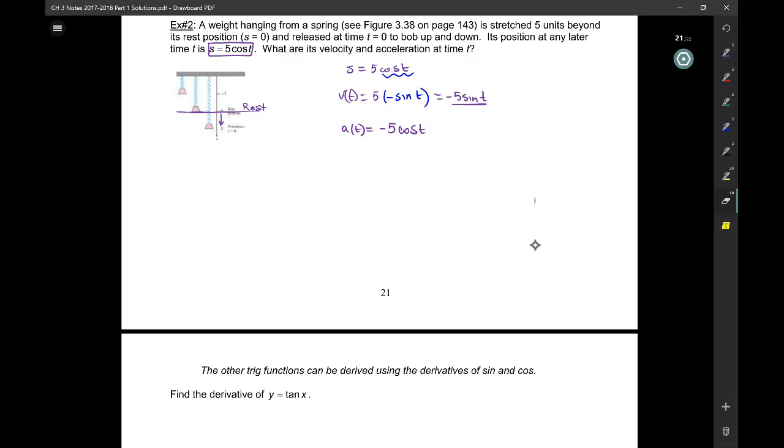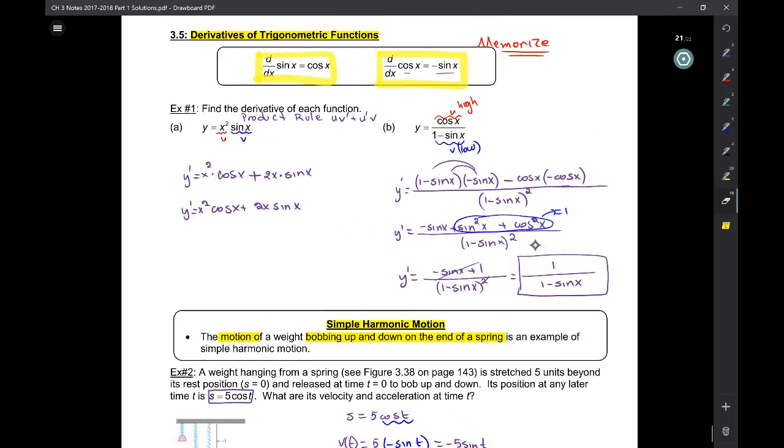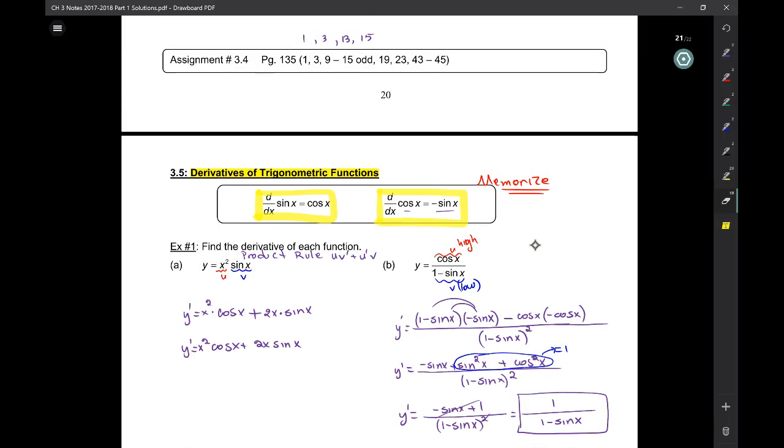The derivative of cosine is negative sine. Now I need to take the derivative of sine. It's cosine. So with sine and cosine, if you keep taking derivatives, you're just going to go back and forth, back and forth.